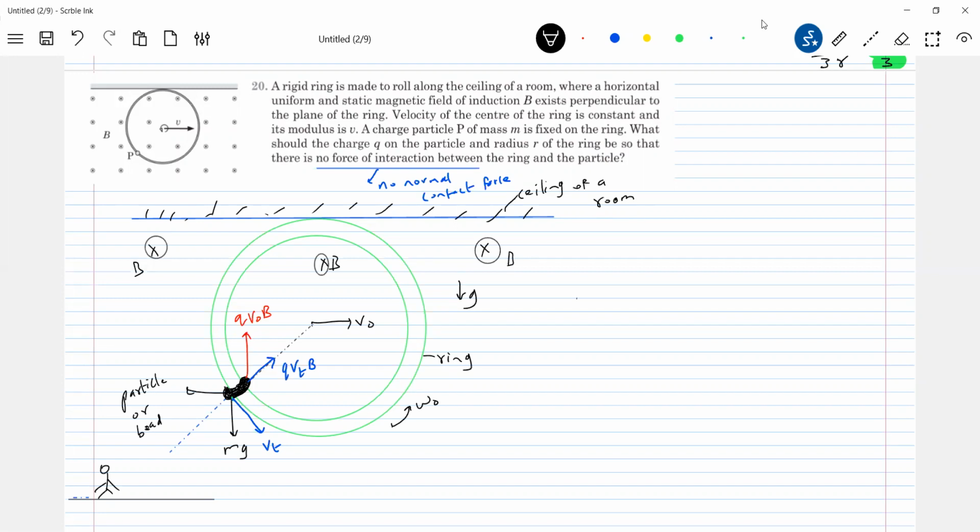Let me define this as theta. And what is the condition for us? We assume V tangential equals R omega naught, and for pure rolling V naught minus R omega naught equals 0. So therefore V tangential also equals V naught.